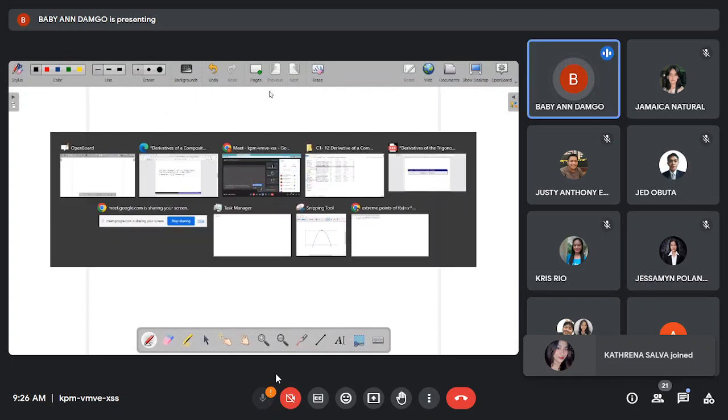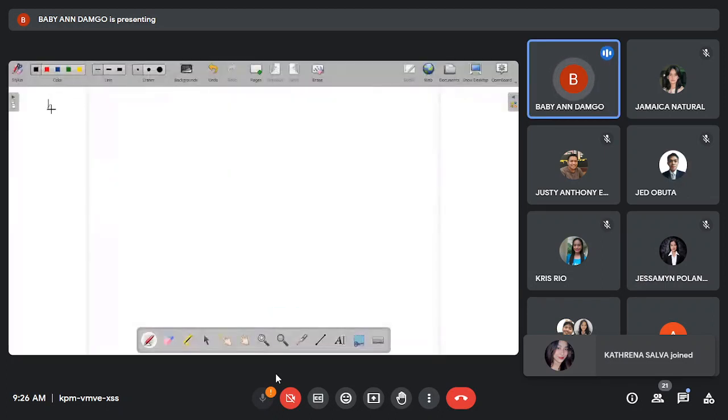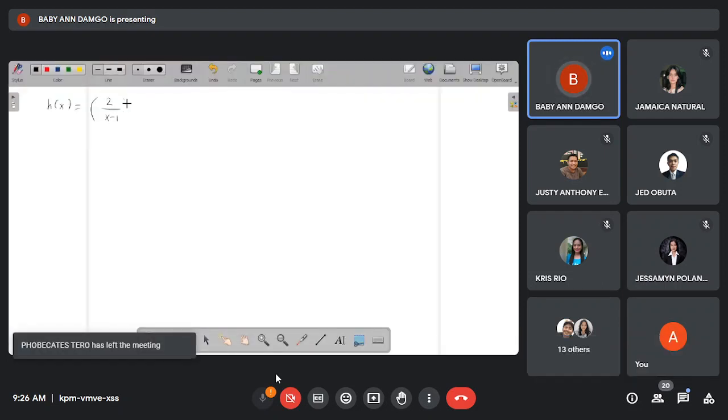Atong sulaon ang number 3 ha. So if you have your h of x is equal to 2 over x minus 1 to the fifth. Okay, so first, atong kuhaon ang derivative. So mogamit ta og chain rule.